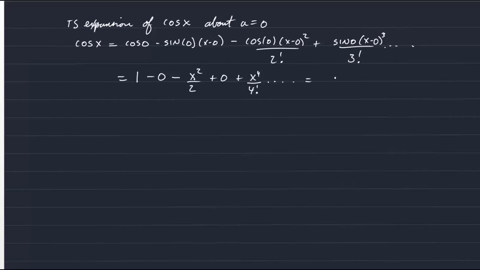So this gives the expansion of cosine, plus x raised to the 4th power over 4 factorial. And we would carry this out to infinity to get the exact approximation of the cosine function.